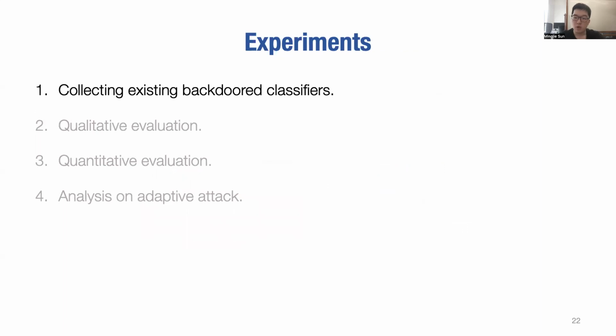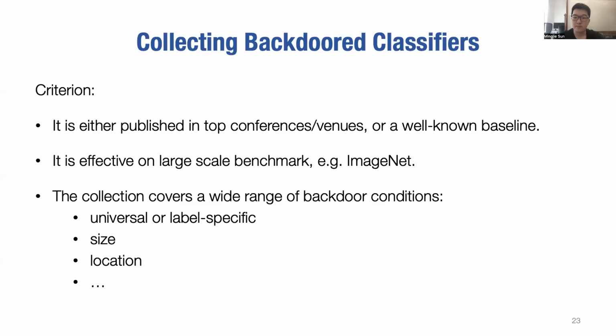Our experimental evaluation starts by collecting existing backdoor classifiers proposed in previous works. Note that we did not train any custom backdoor classifiers in this work. We have three criteria for selecting backdoor classifiers. First, it is published in top conferences or venues before, or has become a well-known baseline.